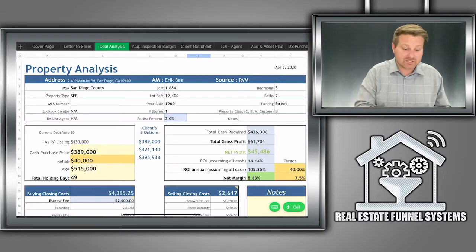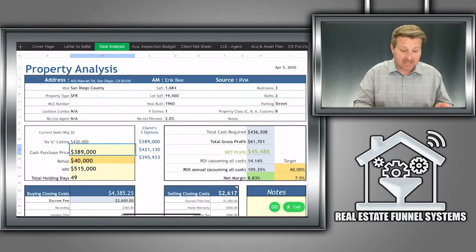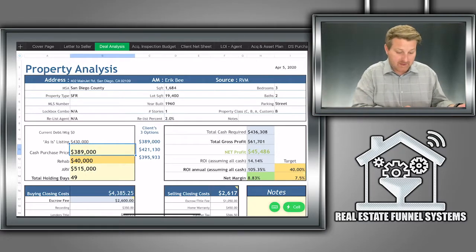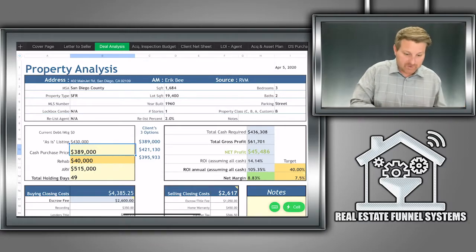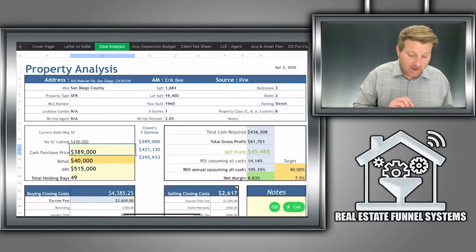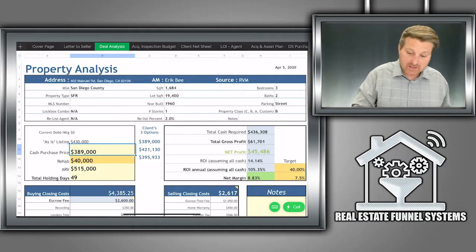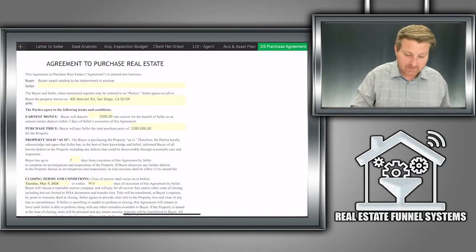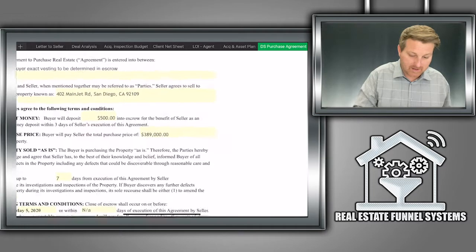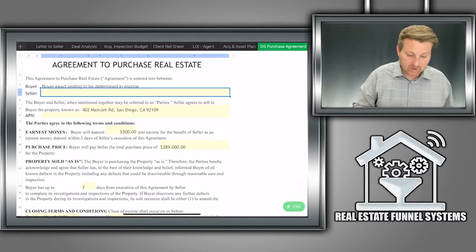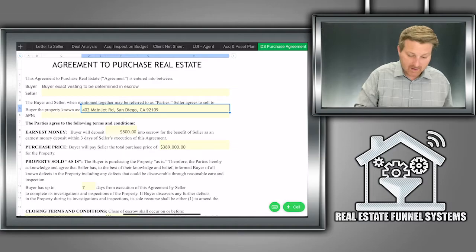Really simple. So once I strike the numbers that make sense, let's say, hey, they would agree to this, using the example on my iPad here, they would agree to $389. Wonderful. Okay, so then I can just go right on over to my purchase and sale tab right here, and I can then go fill out their name. The address is already auto-populated.